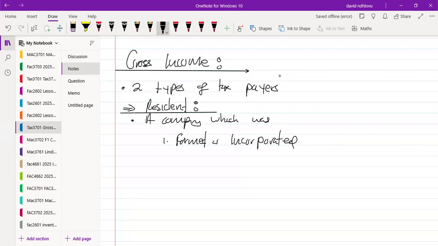So if there's a company that was formed or incorporated in South Africa, then that particular company is a resident of South Africa. Or you've got a company which may have been formed elsewhere, but effectively is managed from South Africa.